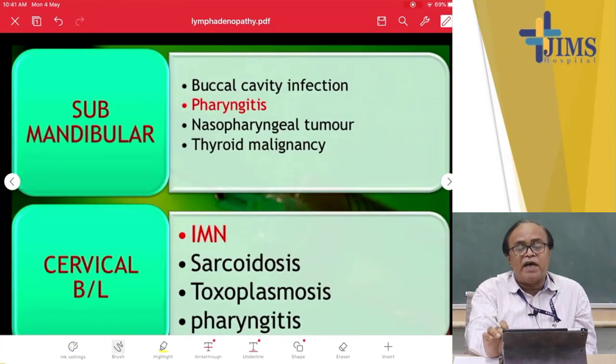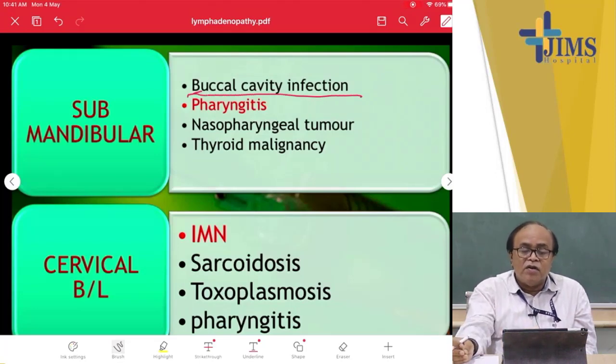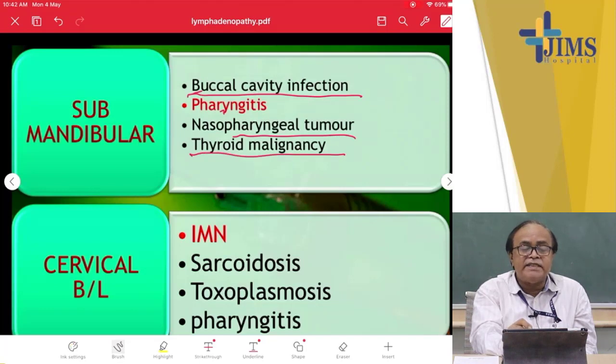Now submandibular. If the submandibular groups of lymph nodes are palpable, the origin may be buccal cavity infection, means oral cavity, infection of the root of the tooth, or maybe pharyngitis, nasopharyngeal tumor, thyroid malignancy.